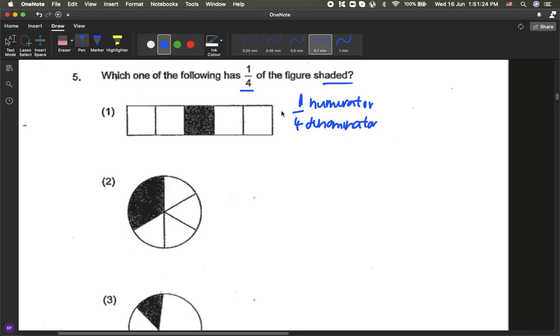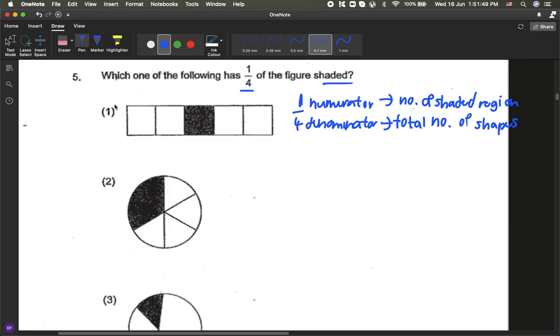Okay, so the number 1 represents the number of shaded regions or shapes. And number 4 will represent the total number of shapes. Okay?